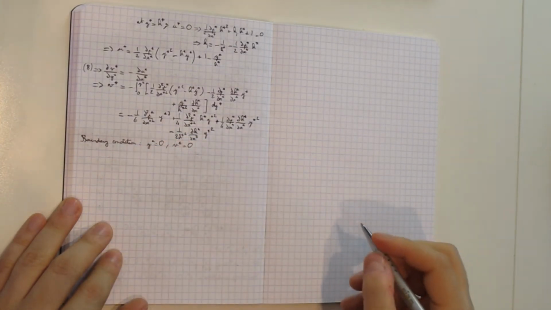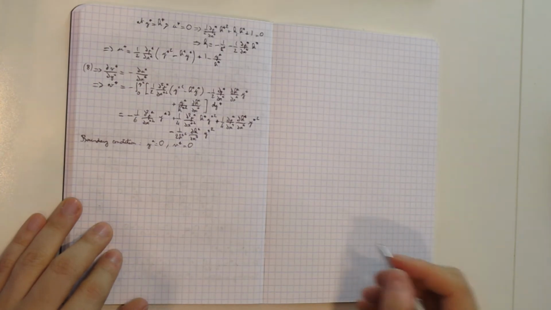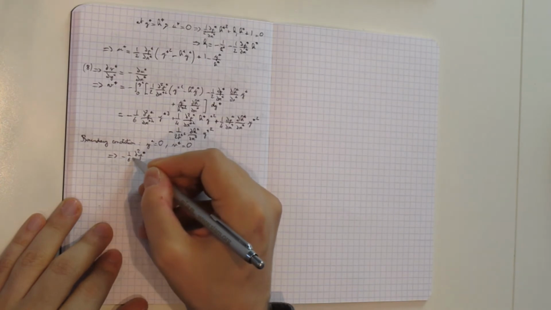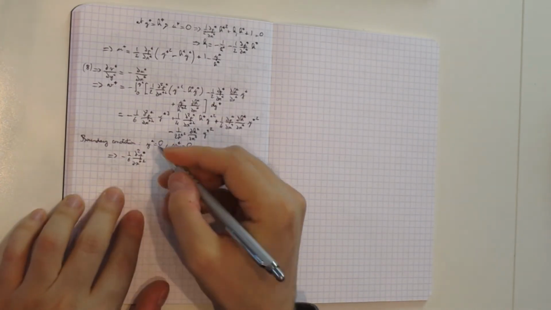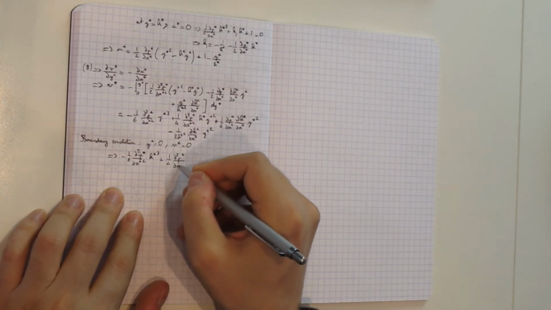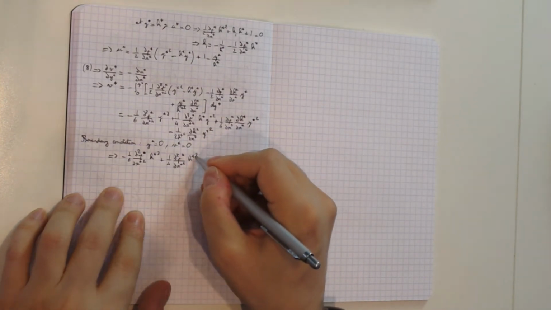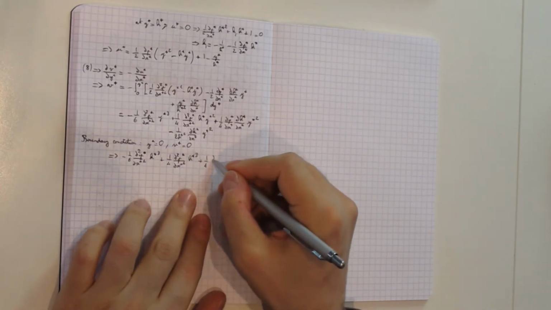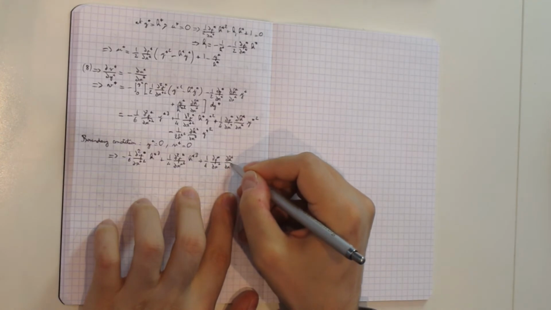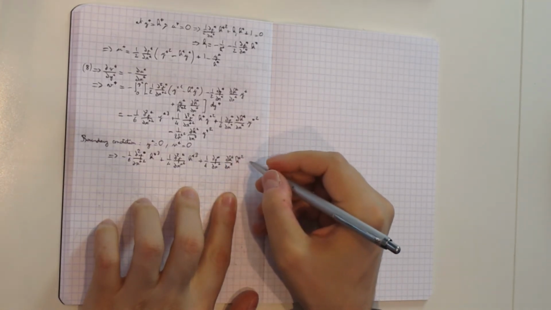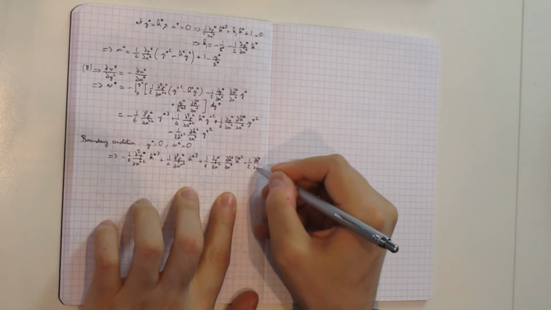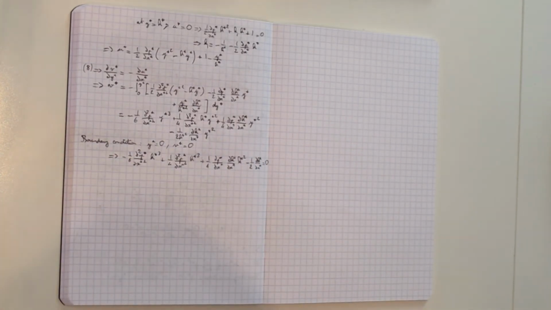Okay, so that gives us that minus 1/6 d2p star by dx star squared of h star cubed plus 1/4 d2p star by dx star squared h star cubed plus 1/4 dp star by dx star dh star by dx star h star squared minus 1/2 dh star by dx star equals 0. This is our boundary condition here.